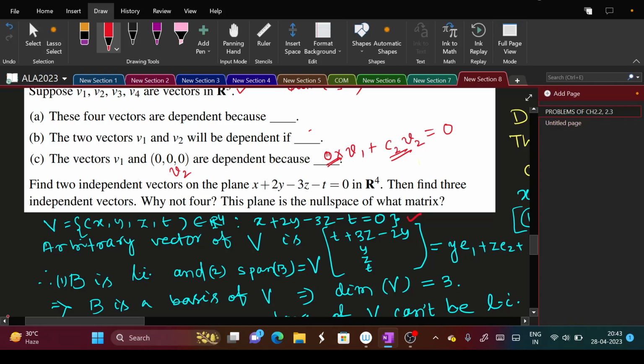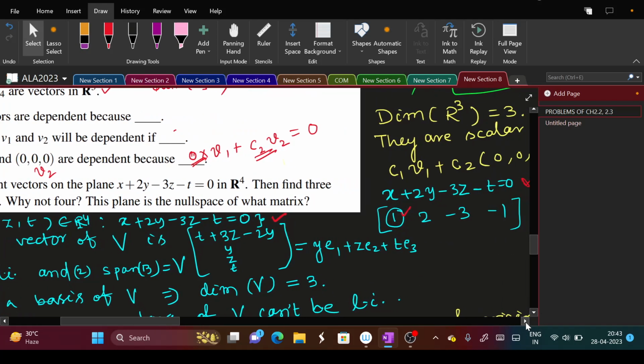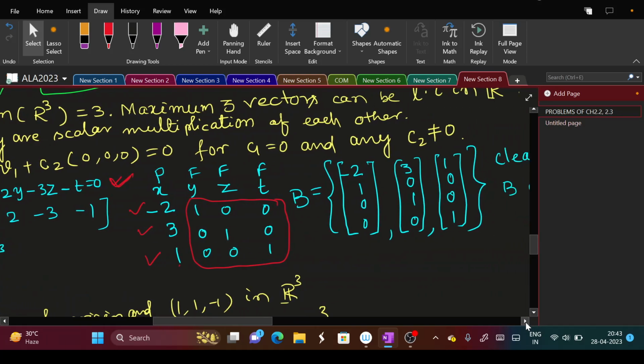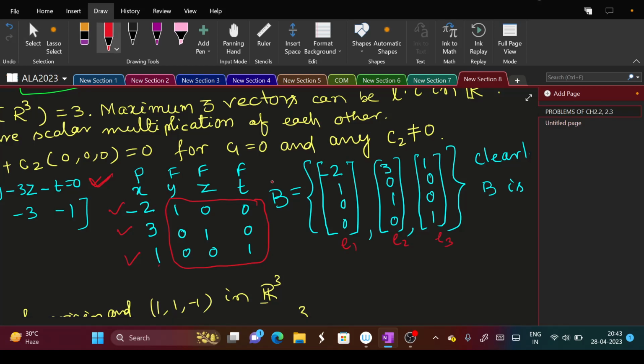Now this arbitrary vector can be obtained from the three basis vectors. What are these three vectors? Let these three vectors be named E1, E2, E3.